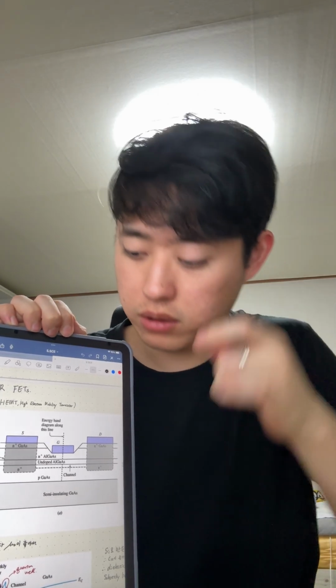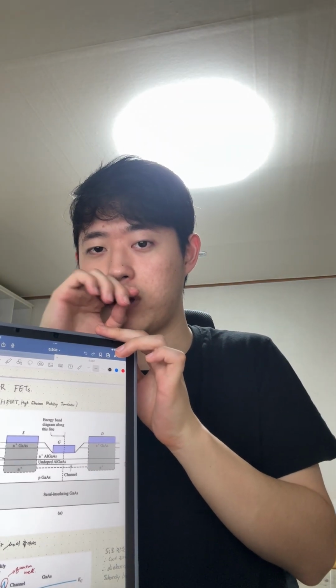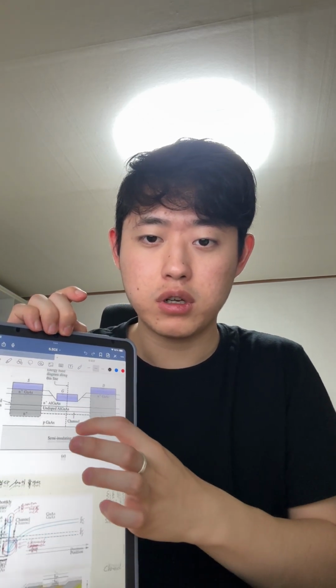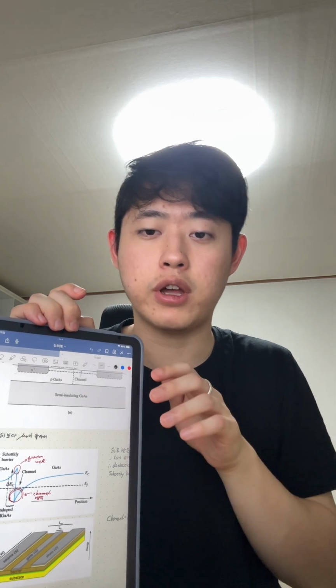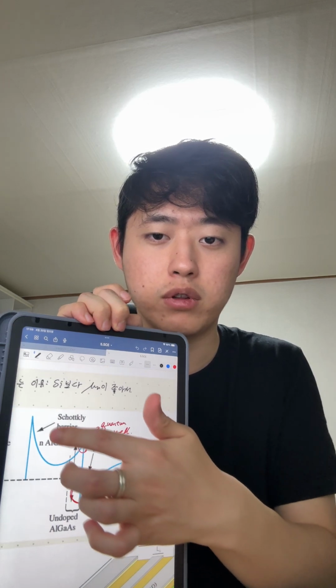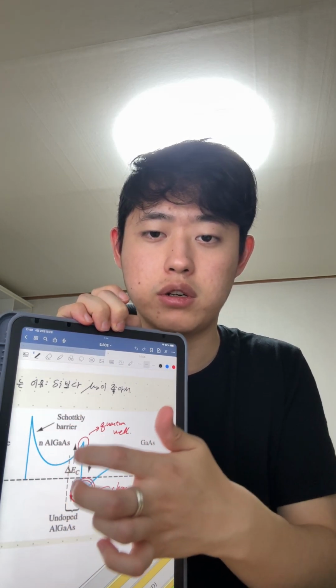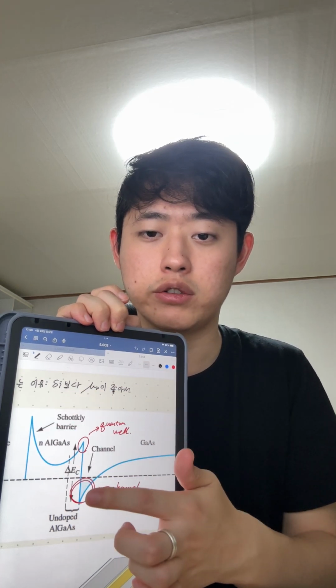They are not dielectric, because with aluminum gallium arsenide it is hard to deposit a dielectric. So there is no dielectric, and there is a Schottky barrier. So the quantum well is here. So this plays the role of the dielectric, and here's the channel.